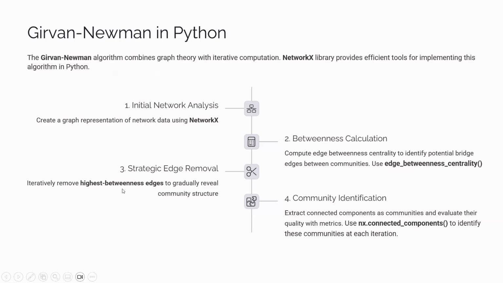And this is an iterative approach. So keep removing the edge with the highest betweenness centrality value. This would slowly help us to identify the communities within the network. And once the communities are detected, of course, we also have to evaluate their quality. So we have, again, the connected components function in the networkx library, which helps us to measure the quality of these communities. So this is how we approach the Girvan-Newman algorithm in Python.